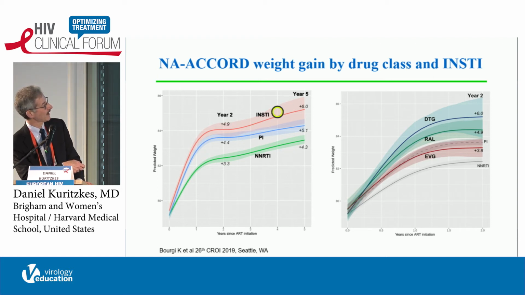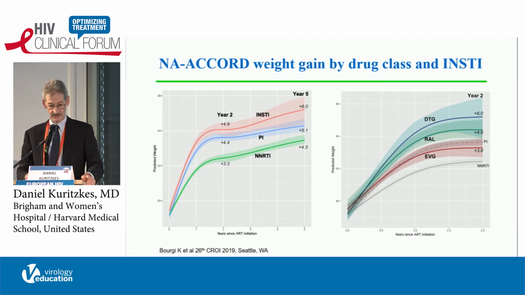Now, if you break out the integrase inhibitor group into the different drugs, what you see is that there's a much greater increase with dolutegravir compared to raltegravir or elvitegravir, with about a 6 kilo weight gain for dolutegravir compared to 5 and 4 kilos for the older drugs. So this seems to be potentially a concerning signal about a greater weight gain with dolutegravir.